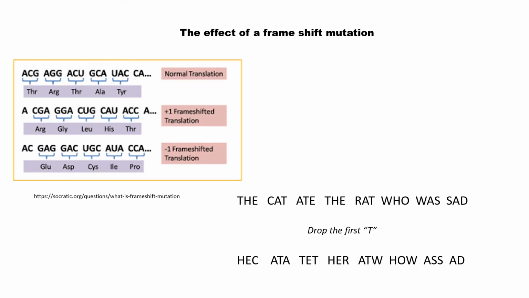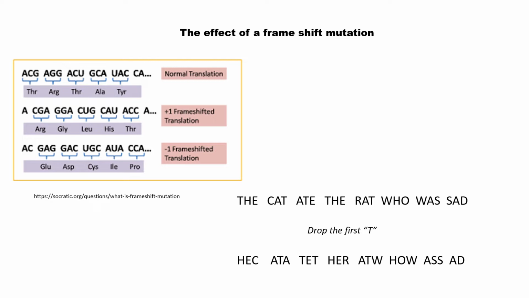So if you take a look at this diagram, we see what a normal translation would be. For example, we begin with the three-letter codon ACG, and then we go to AGG, and ACG is for threonine and AGG is for arginine, and that would be the order of the amino acids in the protein.